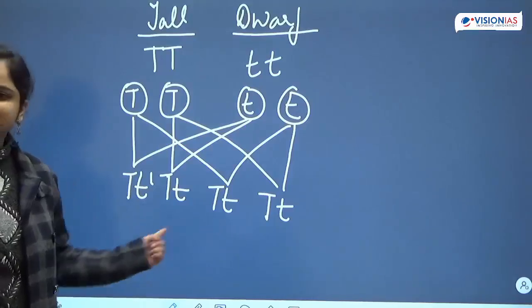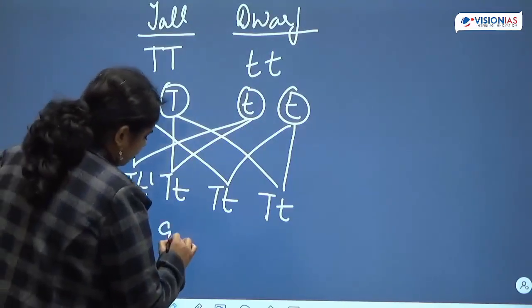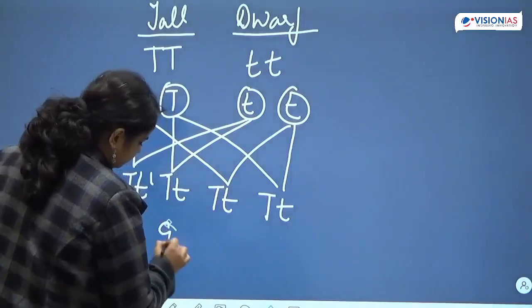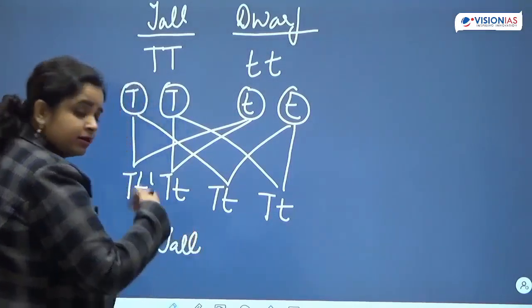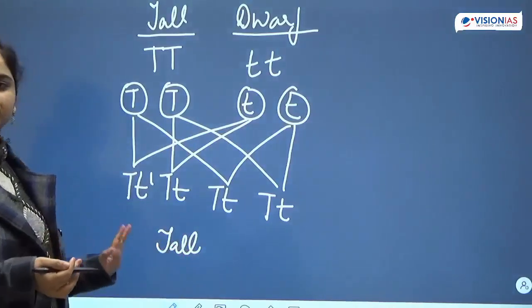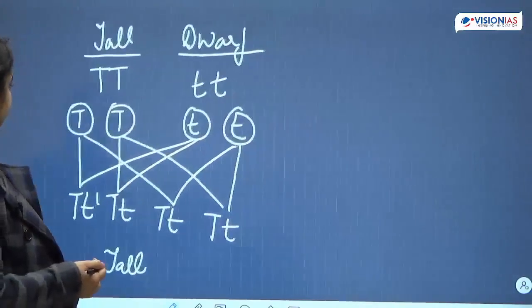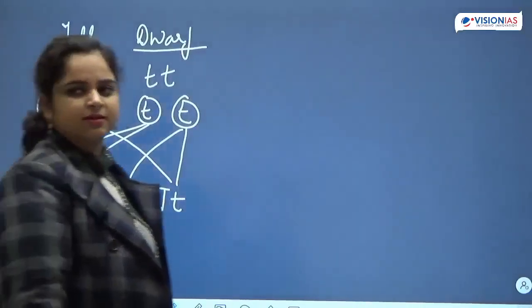All of these are same, right? And they are all going to be tall. Just like all of them in the earlier picture which we saw, all were green. So like that, all of these would be tall. Okay. But this is not solving anything. We have to do this experiment again.